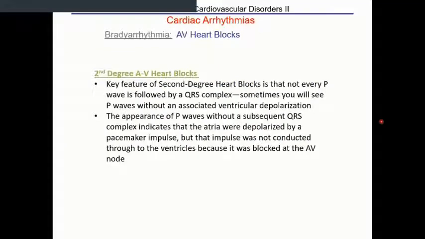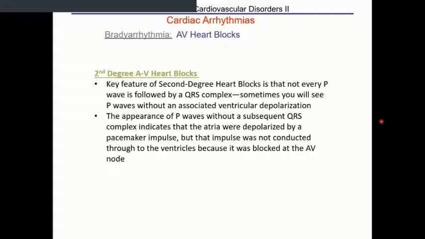Your second degree AV heart block is manifested by the fact that not every P wave is followed by a QRS complex. So sometimes you will see P waves without an associated ventricular depolarization. Here you have the appearance of P waves without a QRS complex, and this indicates that the atria were depolarized by a pacemaker impulse, but the impulse was not conducted through to the ventricles because it was blocked at the AV node.